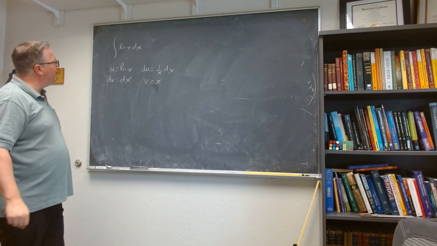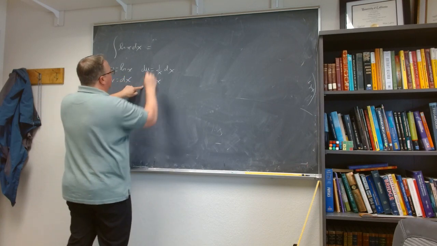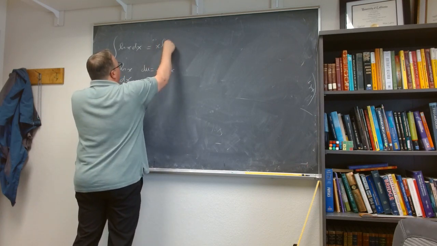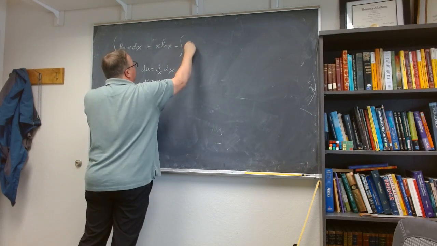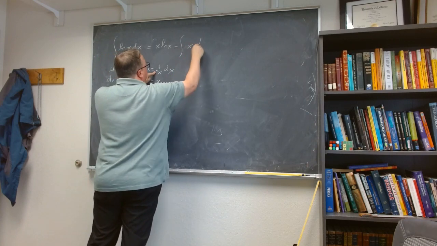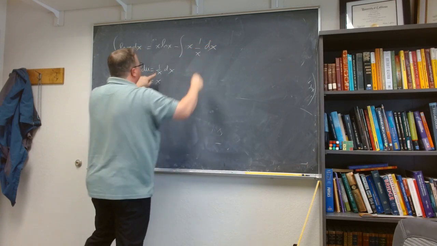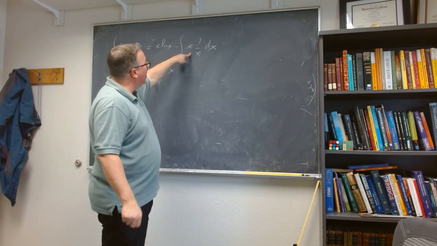So this looks promising because then what we get is u times v, x natural log of x, minus the integral of v du. And v is x, and du is 1 over x dx. And now we see that we're just integrating 1.